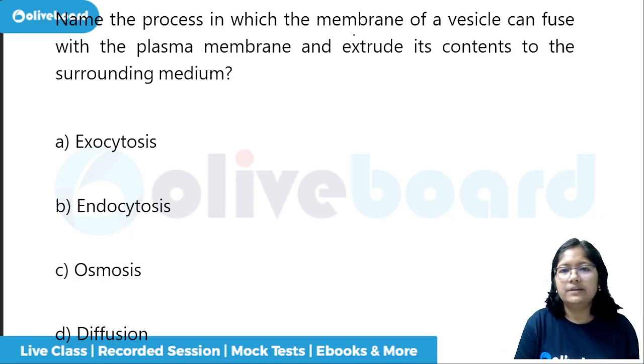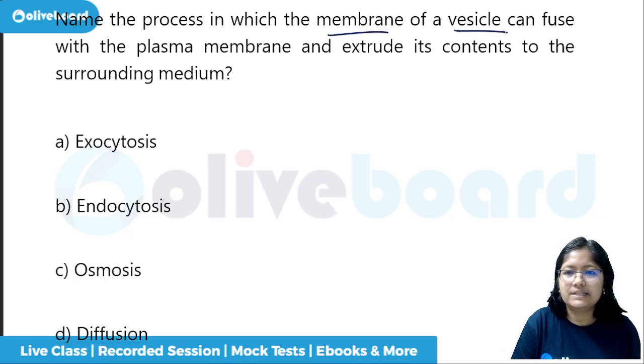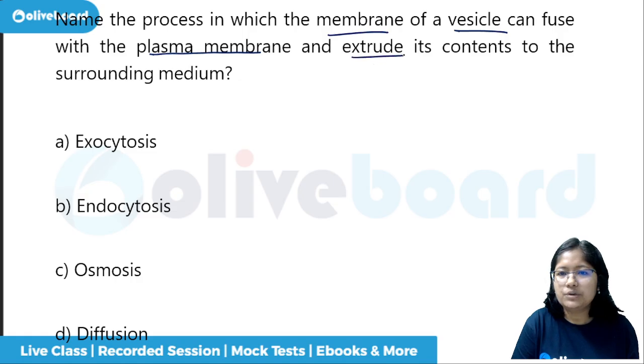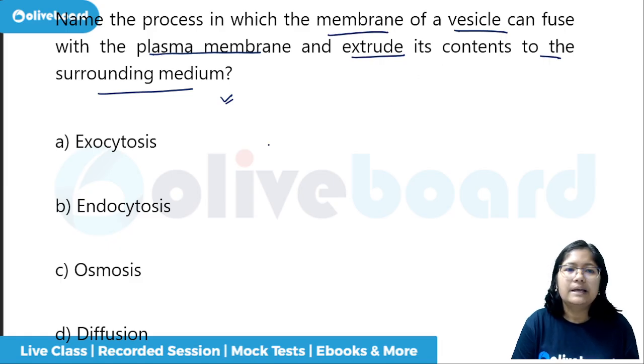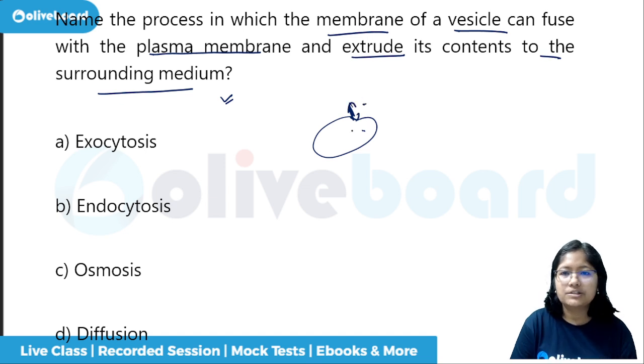Name the process in which the membrane of a vesicle can fuse into the plasma membrane and extrude its contents to the surrounding medium. So in this process, what is happening? The membrane of a vesicle fuses with the plasma membrane and extrudes its contents to the surrounding medium.